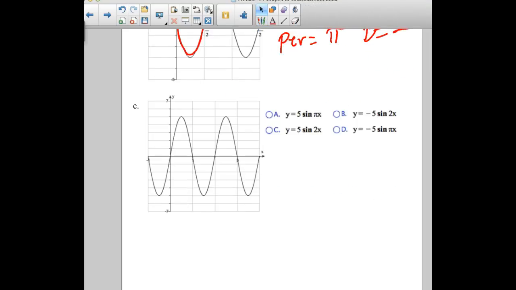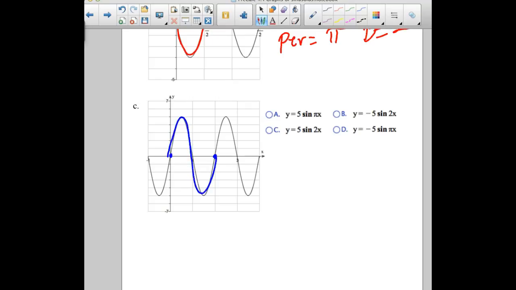Look at your options for answers first. It's going to clue you into what parts you need to be analyzing. Our options are 5s and negative 5s, and there is a B value somewhere in my equation. Are there any H and K values? All right, so we are starting at 0. We're doing one sine curve. There's one period.